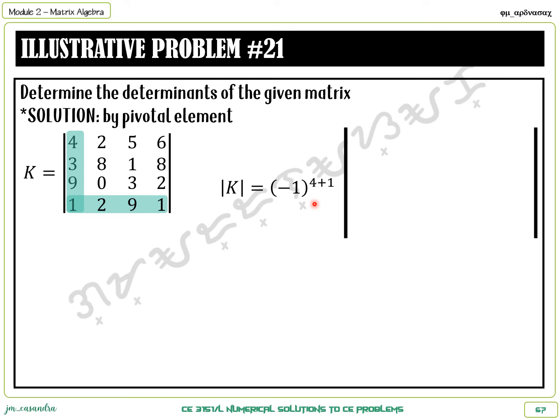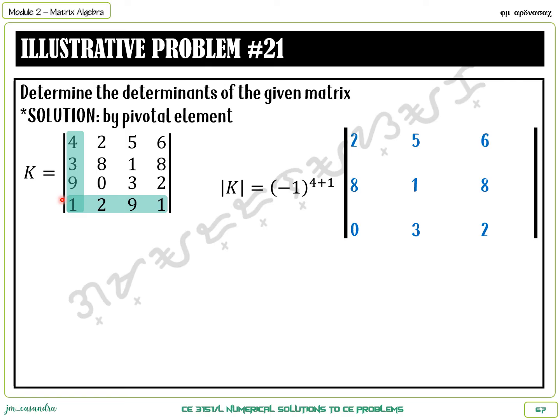And then what I will do is to simply write our minor matrix of the pivotal element. So we'll have now 2, 3, 0, 5, 1, 3, 6, 8, 2.